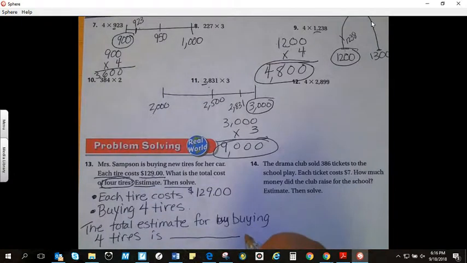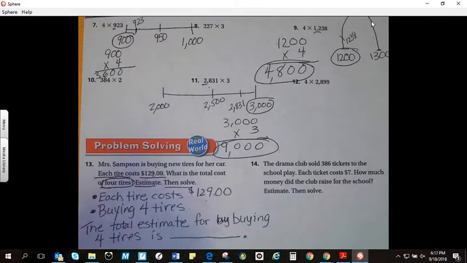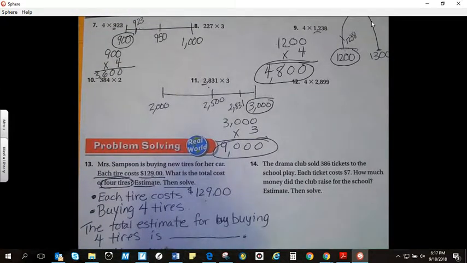Whichever one works best for you. I know that my operation is going to be multiplication.